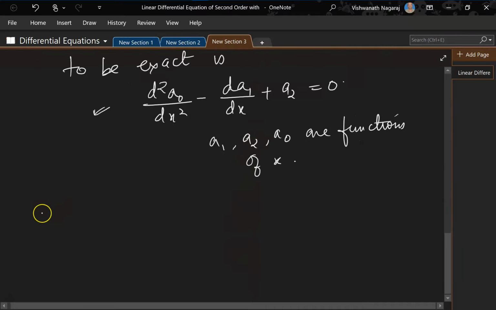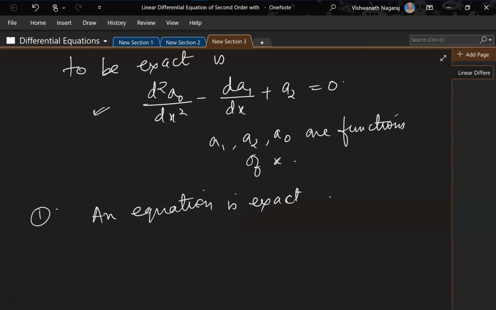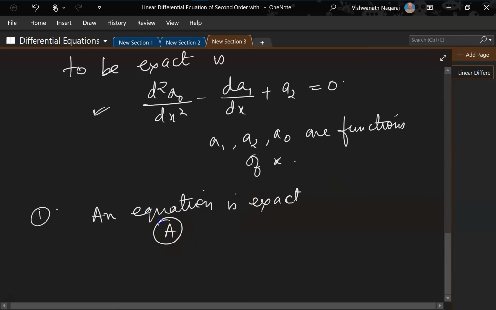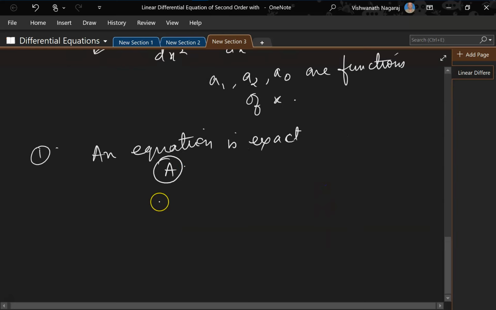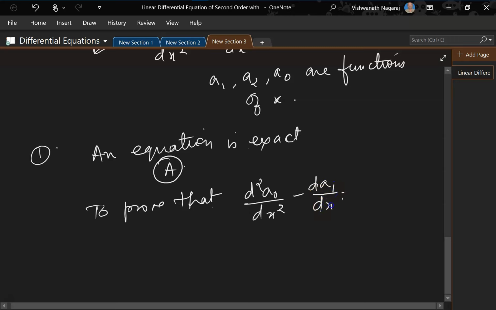Let's look at both ways. Let's say the equation A, which we wrote above, is exact. What we have to prove is that d2a0/dx² minus da1/dx plus a2 is equal to 0.